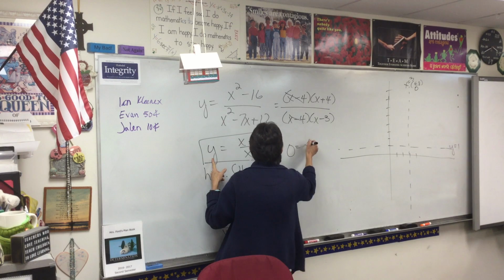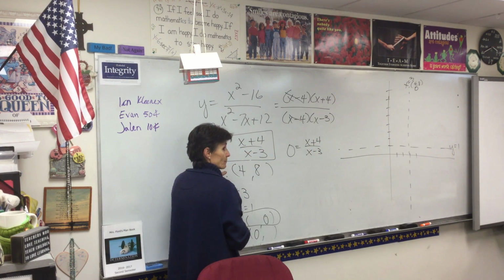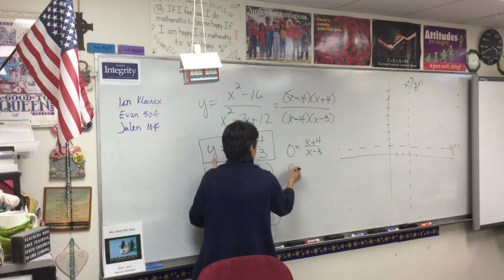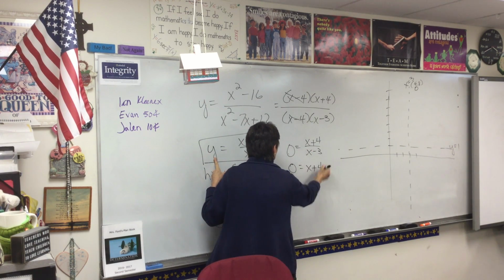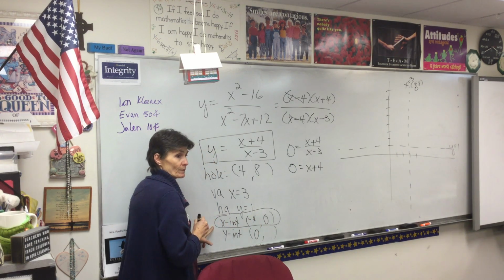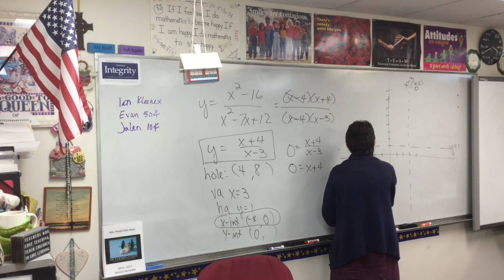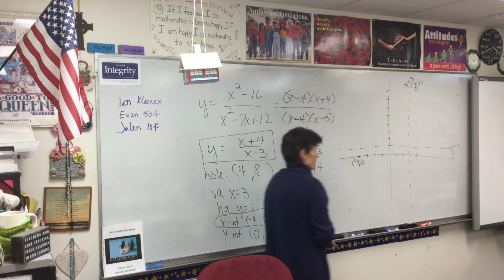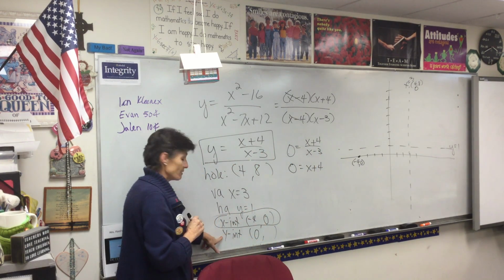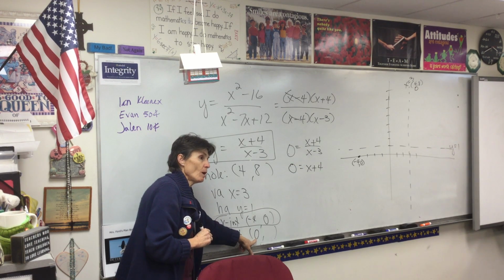So 0 equals (x plus 4) over (x minus 3). I multiply this over to here, it stays 0. And when I solve that, I get x equal to negative 4. And then to find the other one, I put 0 in for x.